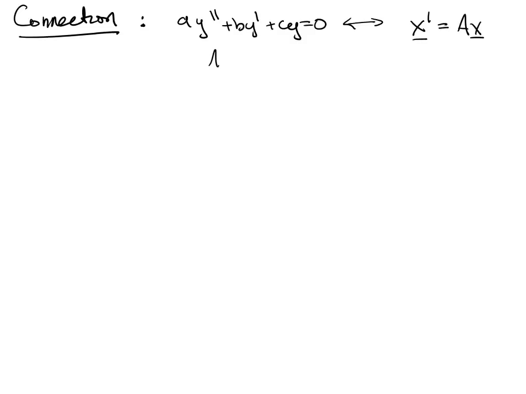So here we had an auxiliary polynomial, and here we had the method of diagonalization. Well, what's the auxiliary polynomial for this equation? It's ar squared plus br plus c, right?